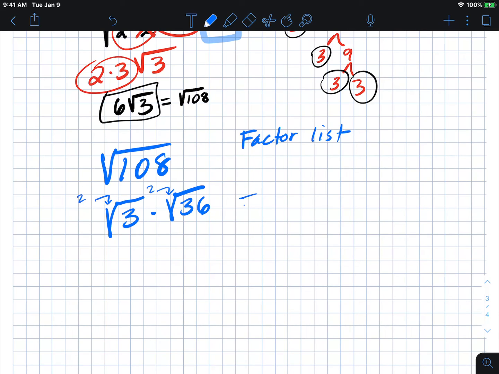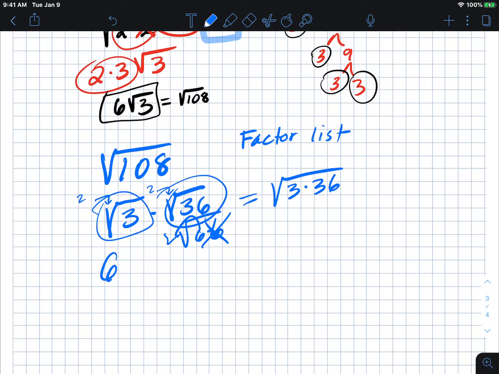We can take those 2 numbers and multiply them together under the same radical. And we separate them like that mentally. So we can say, okay, what's the square root of 36? That's my 6 times 6. So the one 6 comes out, right, out of the radical prison. The other 6 gets eliminated.